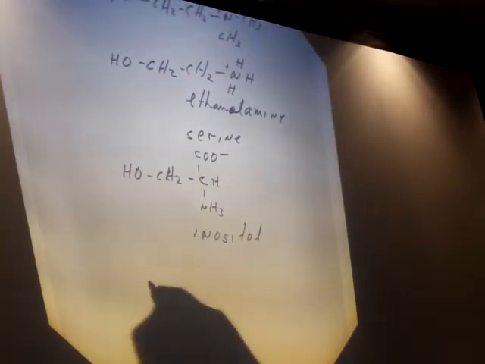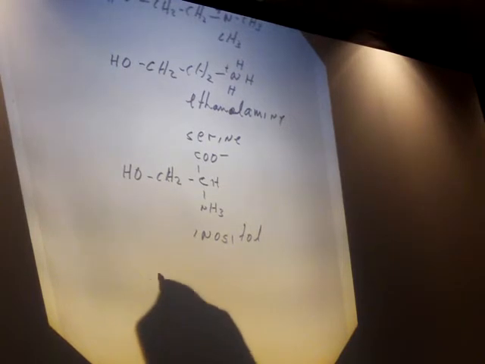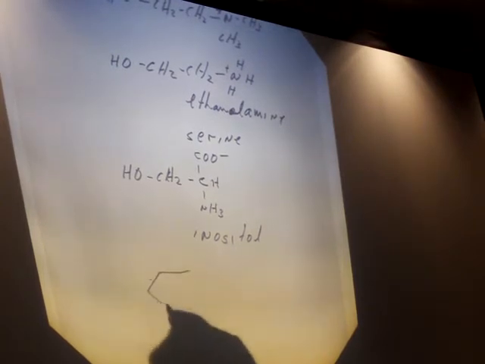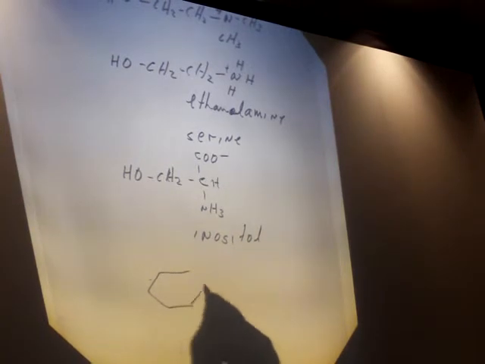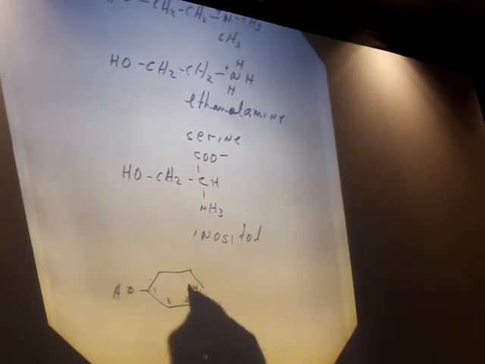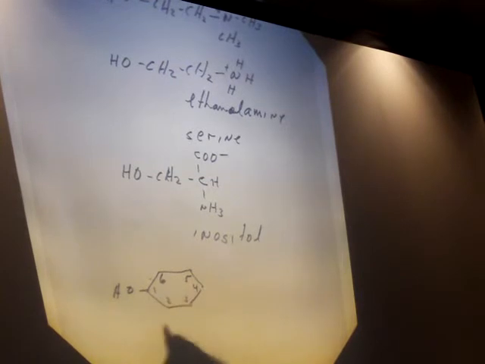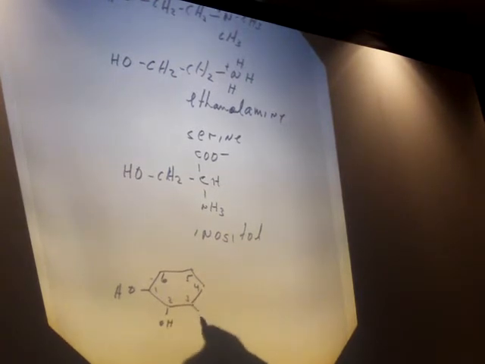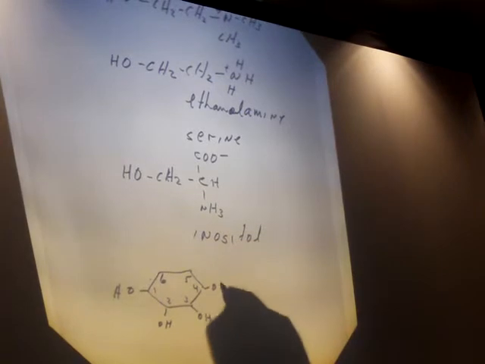And then perhaps the most interesting one is inositol. And I've already alluded to phosphatidyl inositol before, where it's a 6-carbon sugar, and this is 1, 2, 3, 4, 5, 6, and you have OH groups.